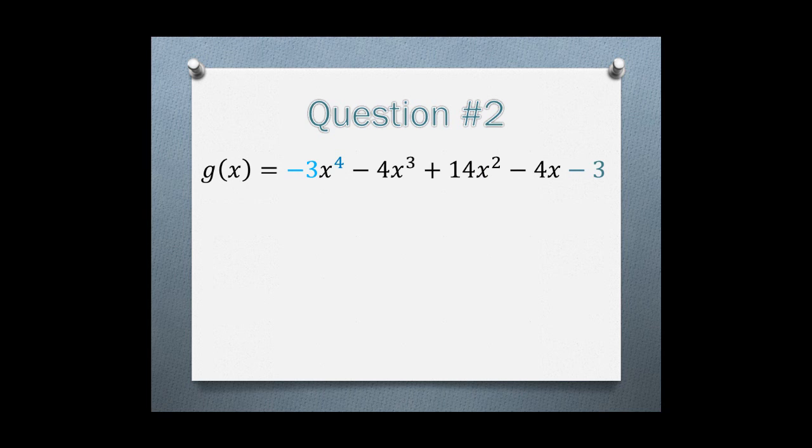So, question number 2. We have negative 3x to the 4 minus 4x cubed plus 14x squared minus 4x minus 3. So once again, we can find out that it has a negative leading coefficient. It's an even degree polynomial this time, and has a y-intercept of y equals negative 3.